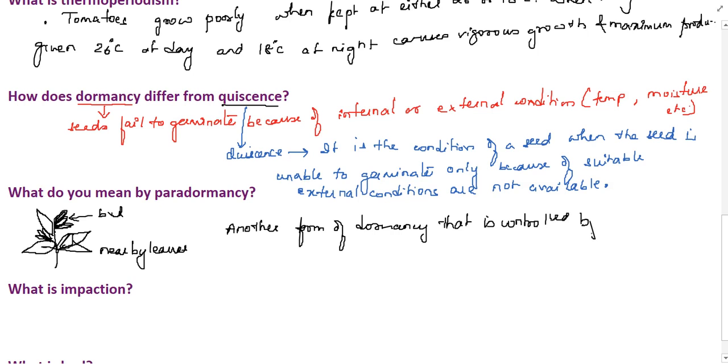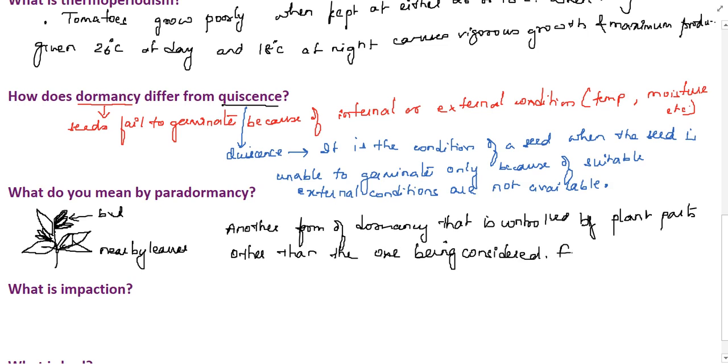For example, dormancy of a bud controlled by nearby leaves.